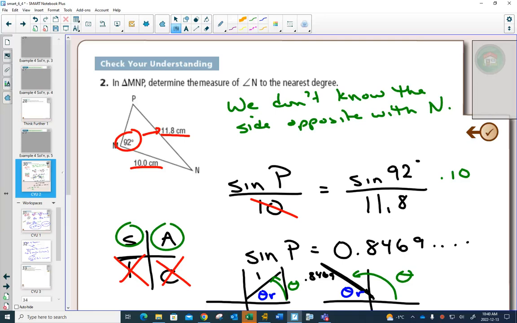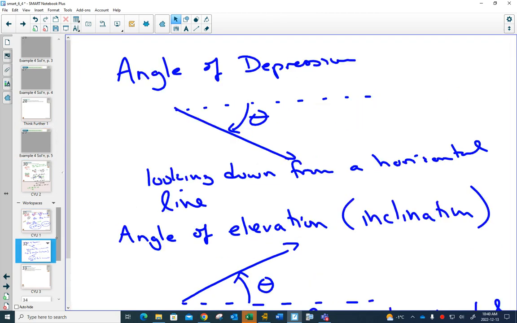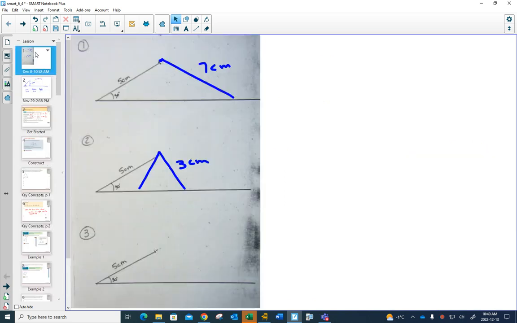And that is connected to what we drew originally, where that opposite side was 7. Here, if the side opposite the angle is bigger, then only one triangle will be possible.